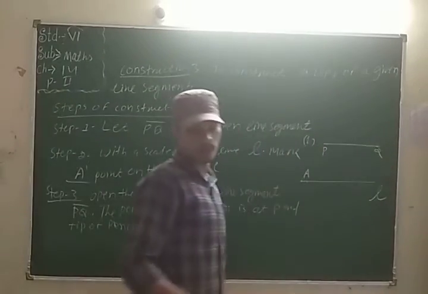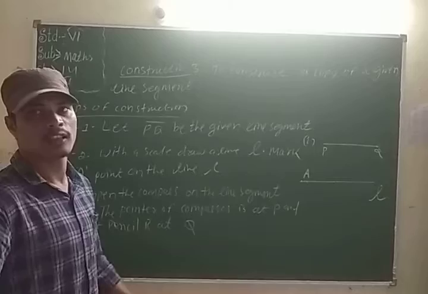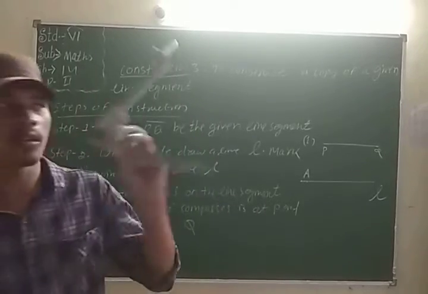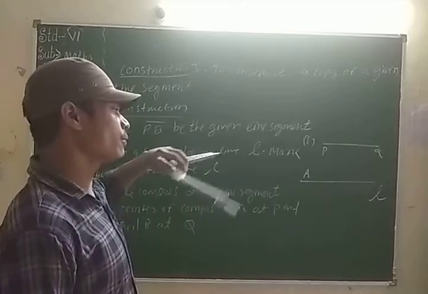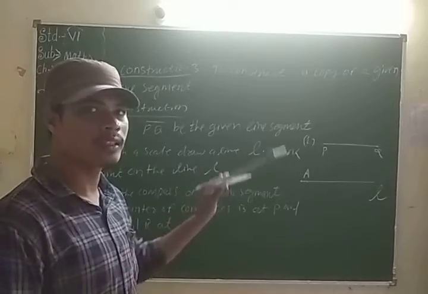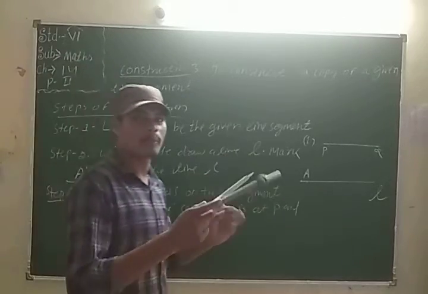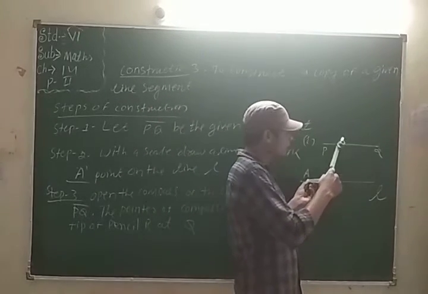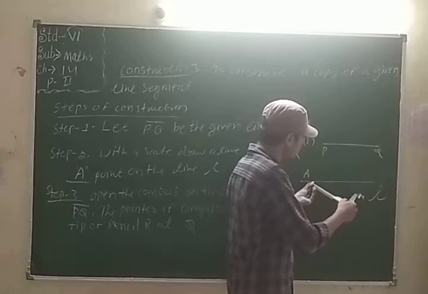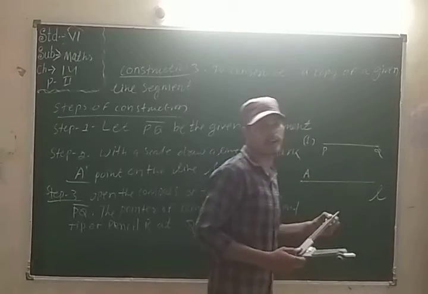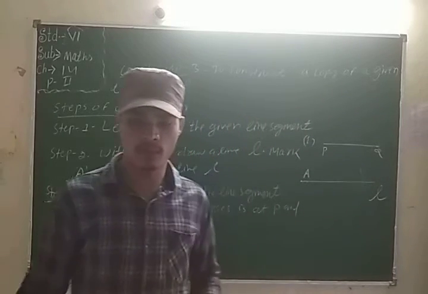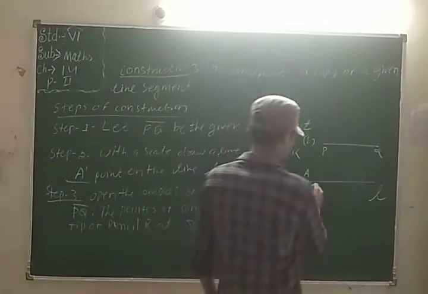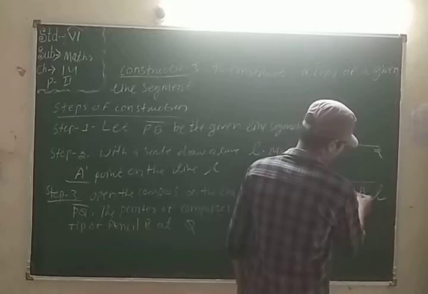The last step: don't close the opened compass. Place it properly at point A, swing the pencil tip while holding the pointer fixed, and cut the line like this. Here we got a new point, give it the name B, and we got the answer: AB equal to PQ.